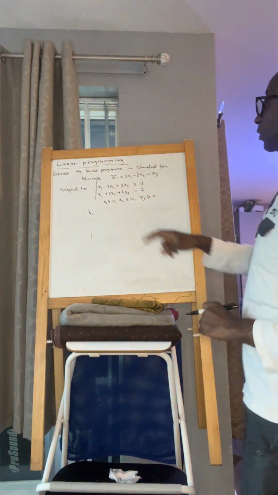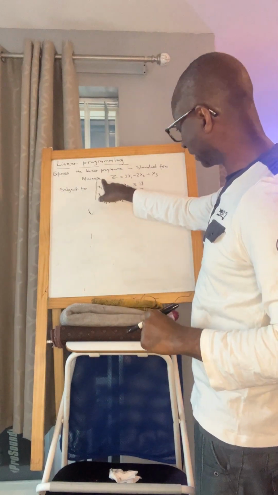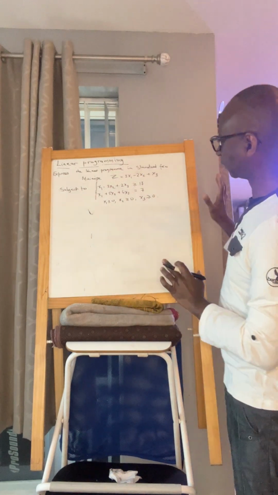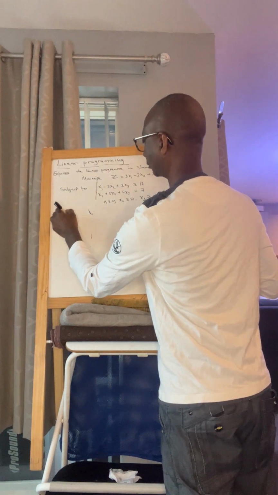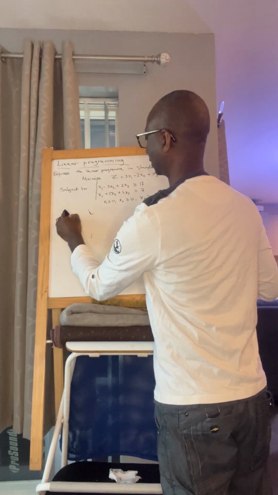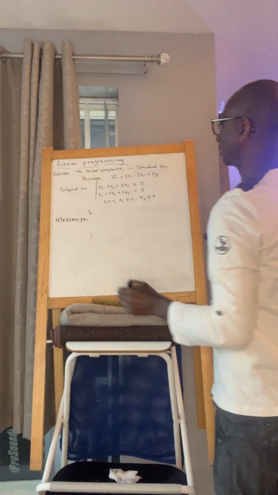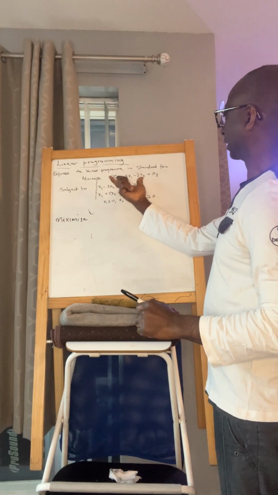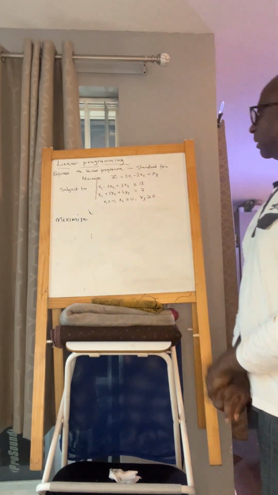Let's go on. First and foremost, the problem says minimize, but we want to write it in a standard form. In a standard form, we got to maximize it. Maximize, M-A-X, max. So how do you maximize this one? By multiplying it by minus 1.